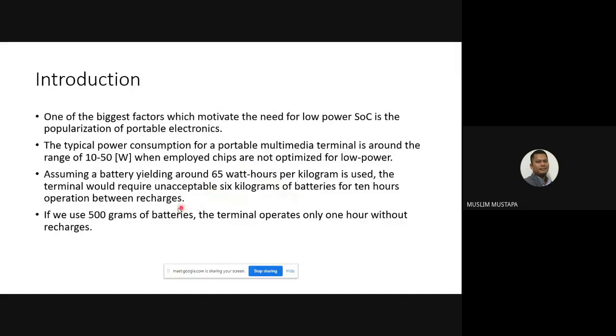So if a product consumes around this rate of power, you need 6 kilograms of battery, and it can only last for 10 hours. If you're using 500 grams of battery, the terminal can only operate for 1 hour without recharging. So as you can see, these are the driving factors. You don't want to carry a huge, big battery around just to sustain the life of your electronic products, right?